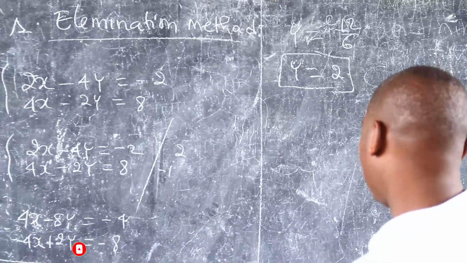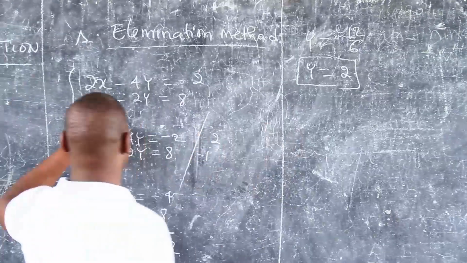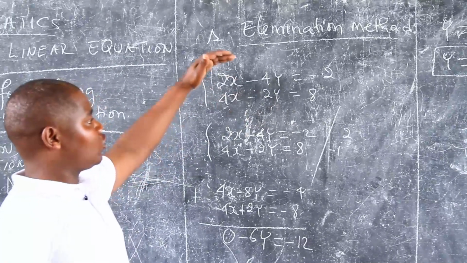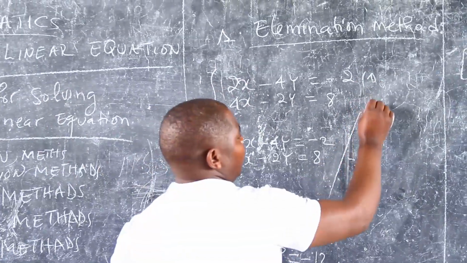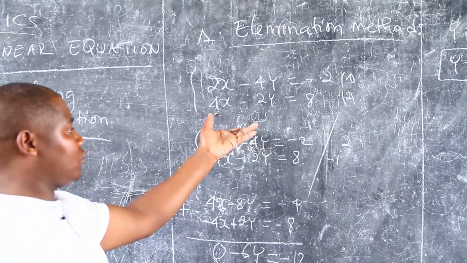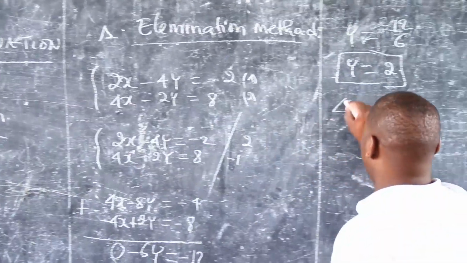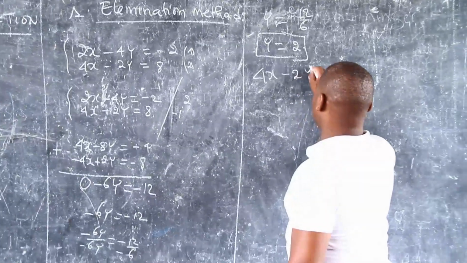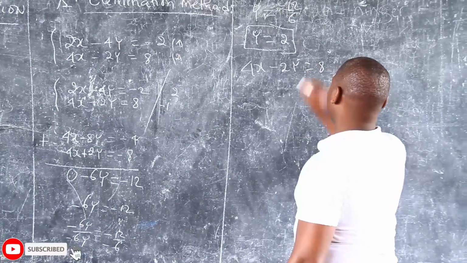Then after finding the value of y, I go back to my equation. I can choose equation 1 or equation 2. Let me choose equation 2: 4x minus 2y equal to 8.